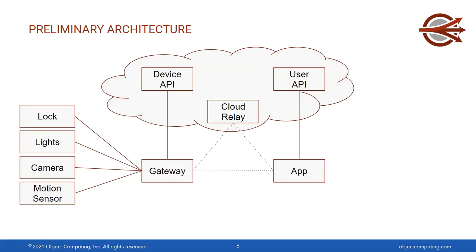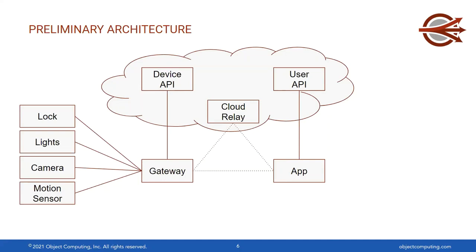But again, in our conceptual architecture here, the gateway is a thing that can communicate with the cloud and with the application. It has an IP address of some kind. And so this is our overall sketch, right? We know we're going to have some kind of APIs for interacting with the device and for interacting with the user, and we'll see how we want to actually use these things in the actual solution.